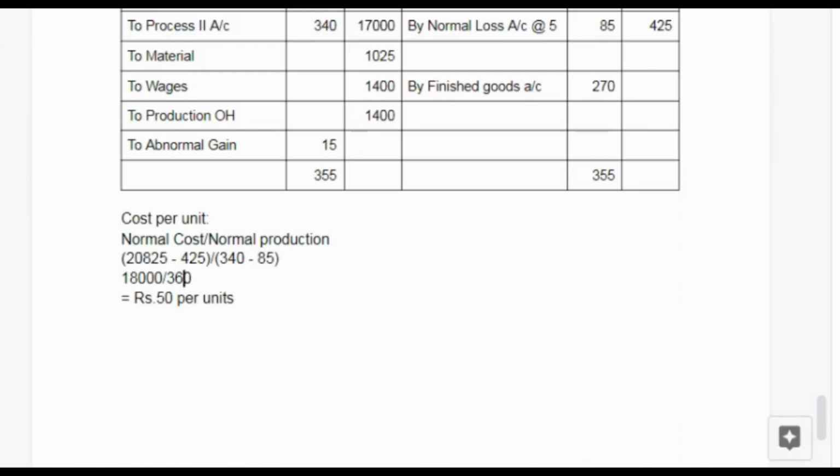Now let's solve it. What is the amount? 20,825 minus 425 is 20,400, and divided by 340 minus 85.